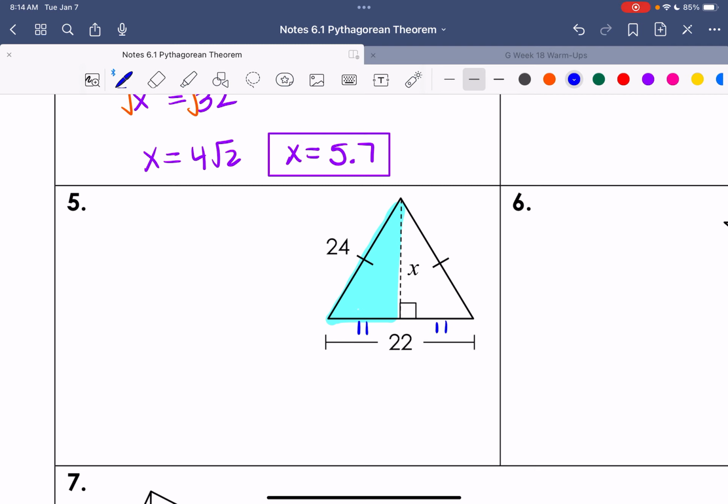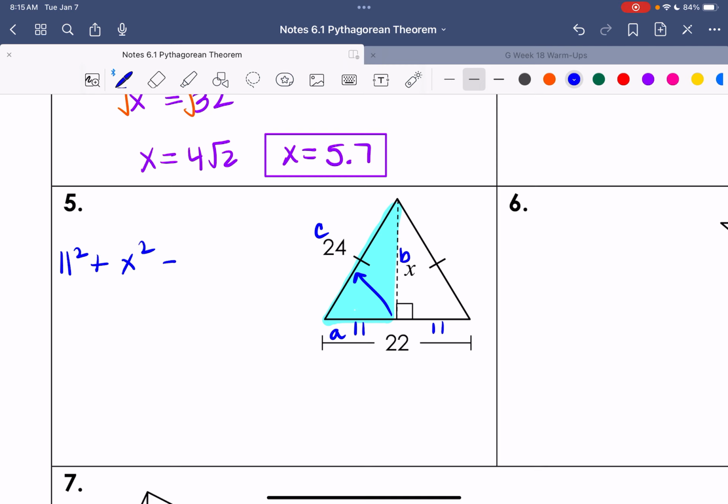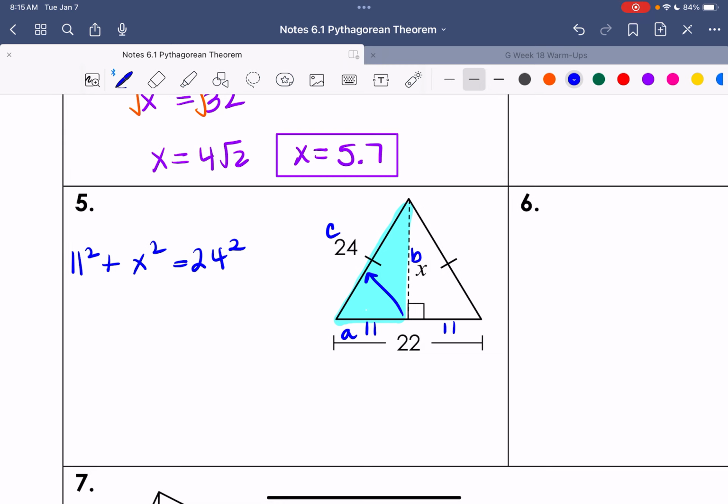So now, if this is my right angle, when I go across from it, that has to be C. And then now my other two sides can be however I want. So I would have 11 squared plus x squared equals 24 squared. Okay, so 11 squared is 121. 24 squared is 576.